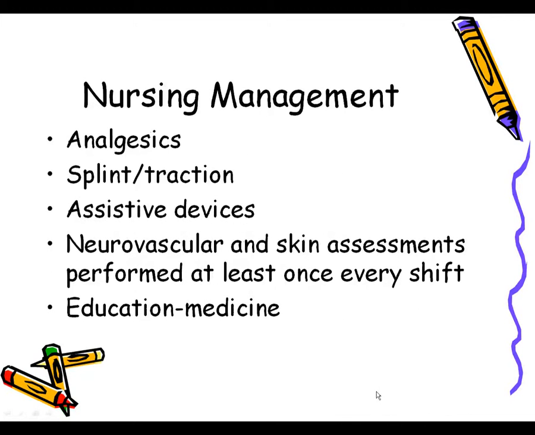So nursing management: analgesics for the pain, splint traction, any type of assistive devices that the child will need. You're going to make sure that you're doing the neurovascular assessment. Remember what that status was on those different things with pain, temperature, etc. And skin assessments performed at least once every shift. And education on the medicine that's going to be given, such as the antibiotics.